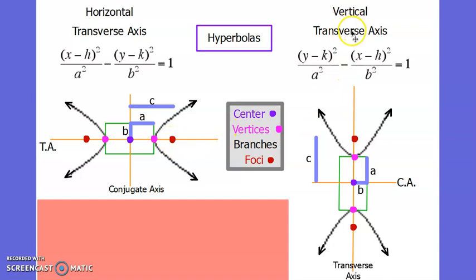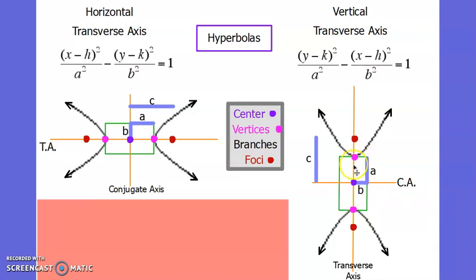For our vertical transverse axis, that just flips around. Y squared is subtracting x squared, y squared minus x squared. A squared is still beneath the y squared. So a is still traveling from center to vertex. C is center to focus. And again, b is the other direction along that conjugate axis.